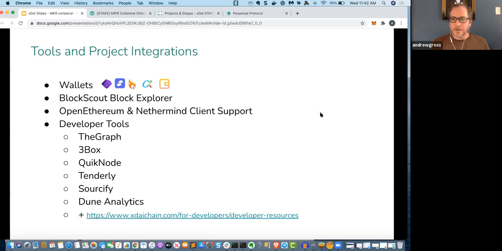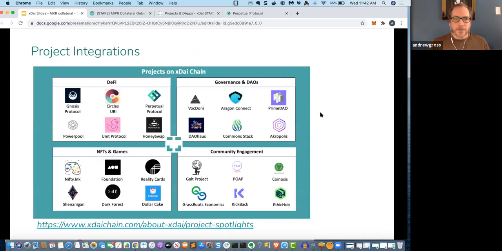staking protocols. So that leads me to some of the projects that have migrated, and this is pretty much in the past year for a majority of these projects. We've seen Gnosis come over, and the safe is now on xDAI, and Omen is coming very soon. Some other DeFi types of applications with Circles and Perpetual Protocol.